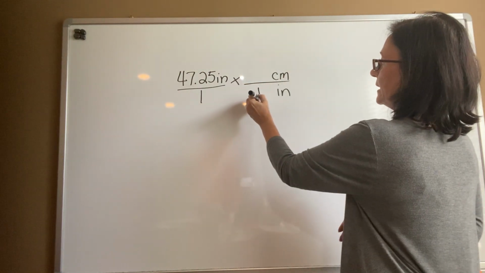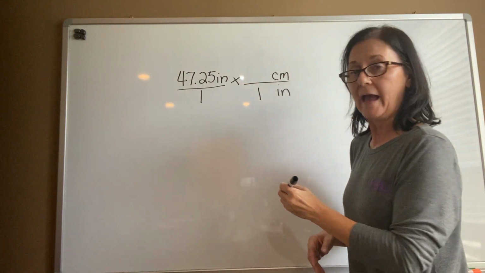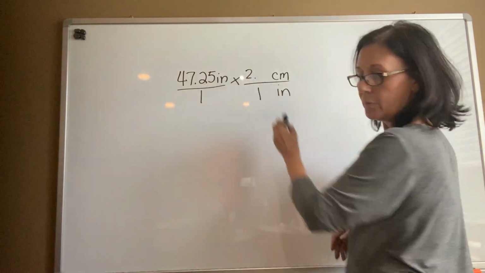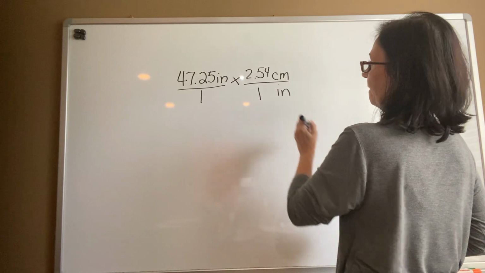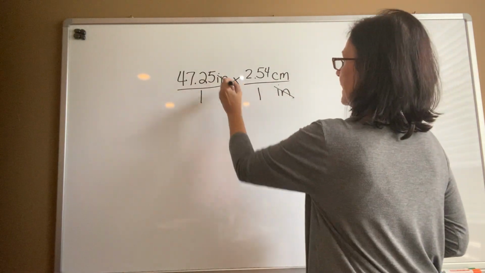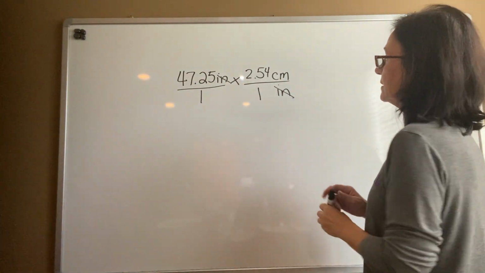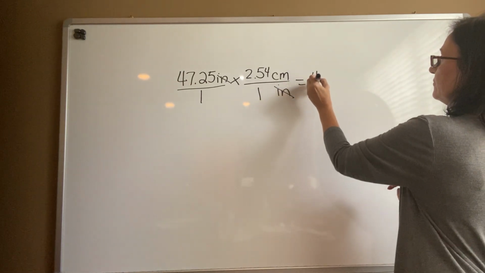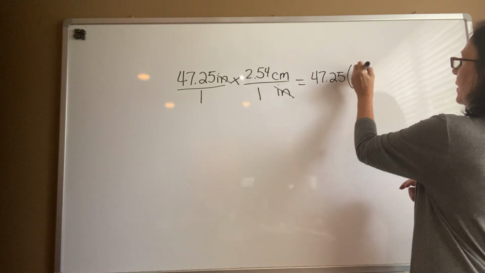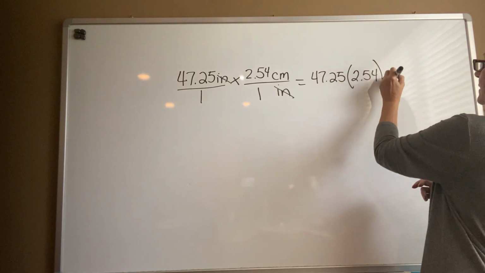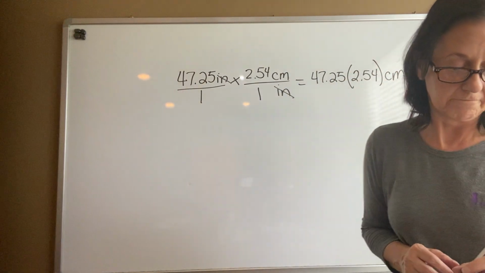So 1 inch, you'll need to know this fact, 1 inch is 2.54 centimeters. All right, my inches, that measurement cancels out, and I end up with 47.25 times 2.54. I'm left with centimeters.